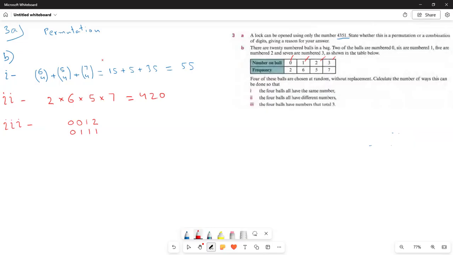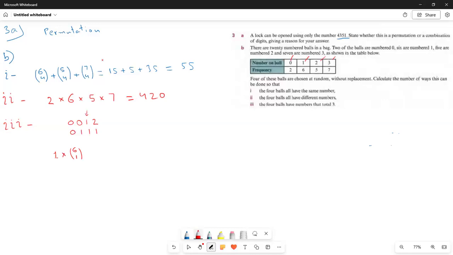Now, what are the possibilities here? I need two zeros, and I have only two such balls, so there is only one way I can get zero and zero. Now, how can I get one? One was written on six balls, so there are 6 combination 1 ways in which I can get one.